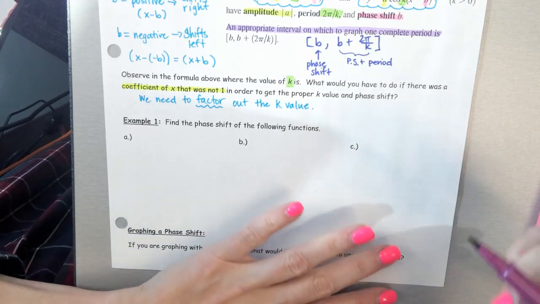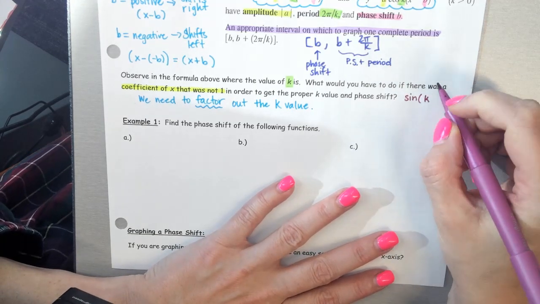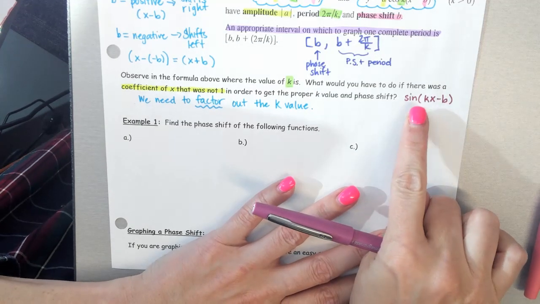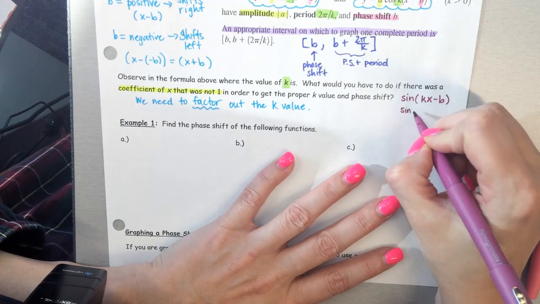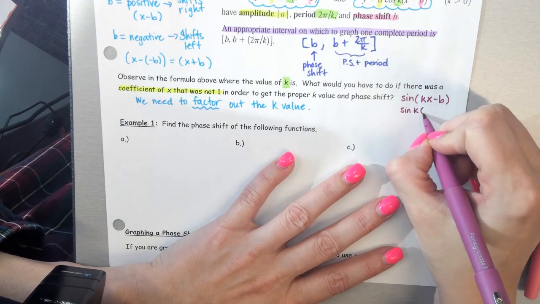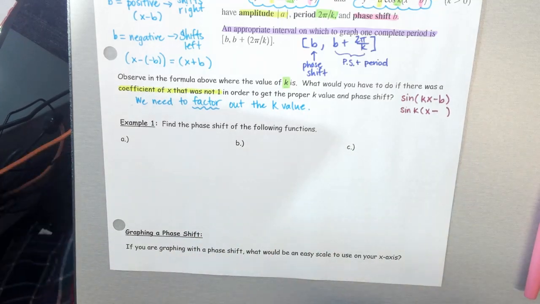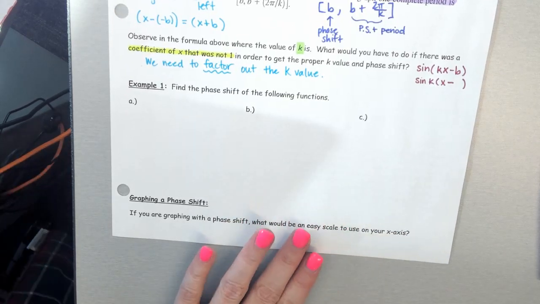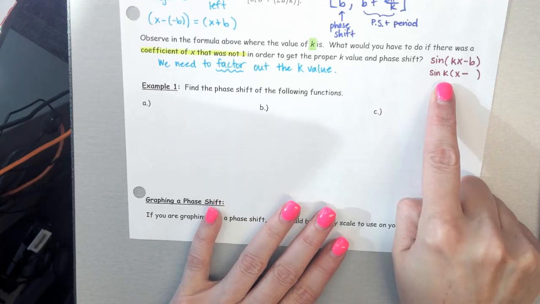Okay, so it might look something like this. If you have the sine of k times x minus b, we need that to be factored out. And we'll fill this part in a second. Okay, so we need to factor that part out.